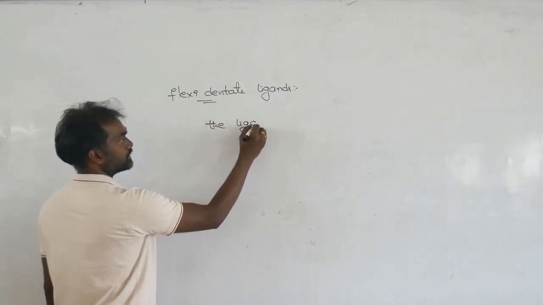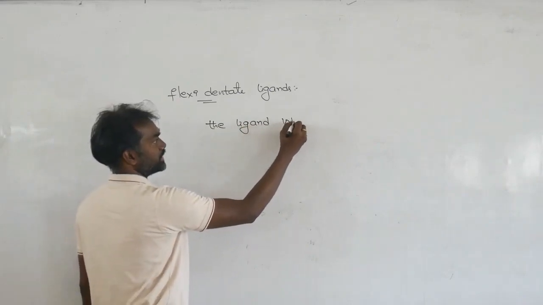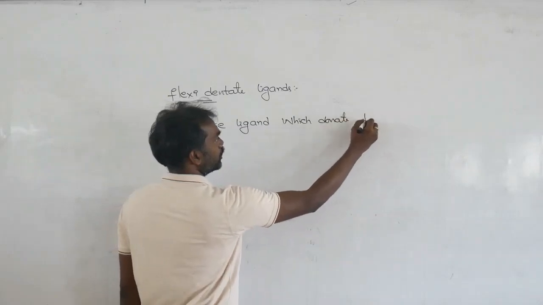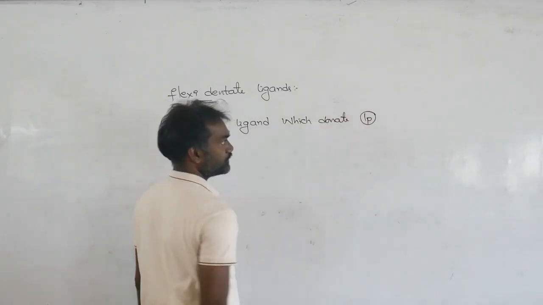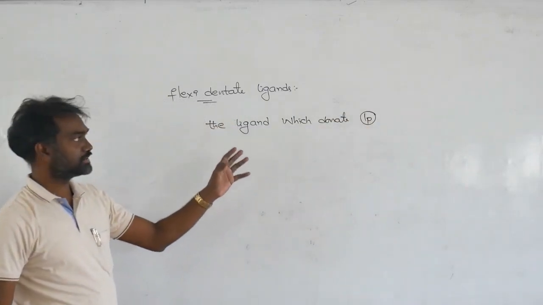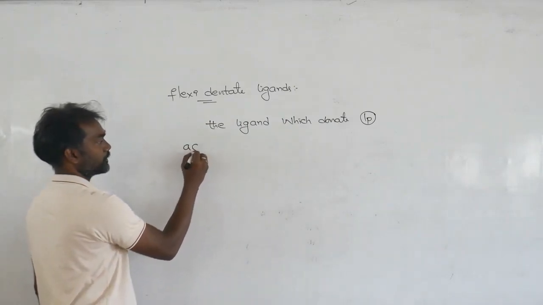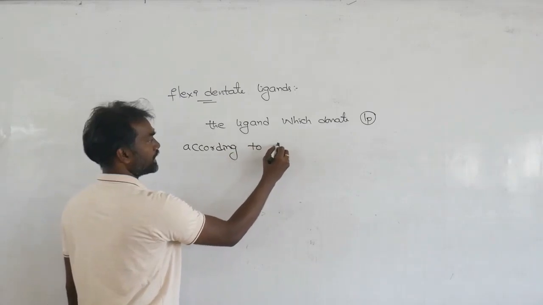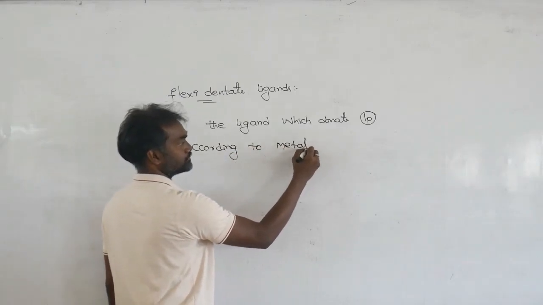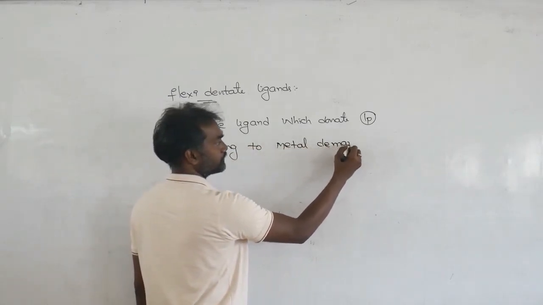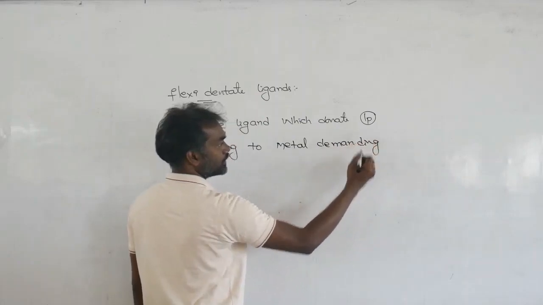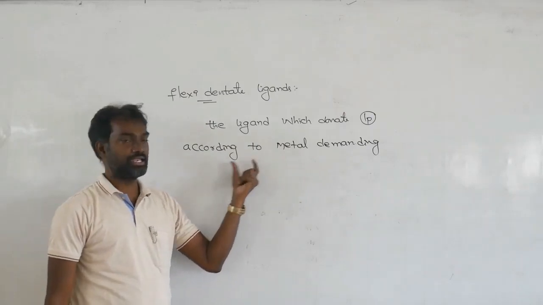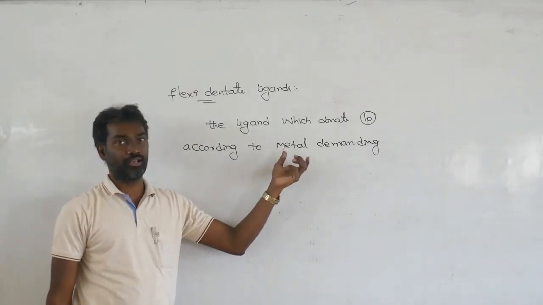The ligand which donates lone pairs according to the metal's demand. That means the ligand is flexible to the metal, it is adjusted to the metal requirement.